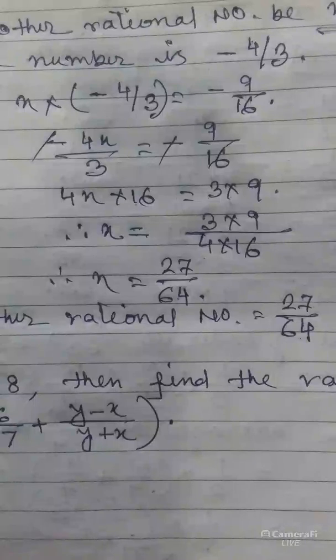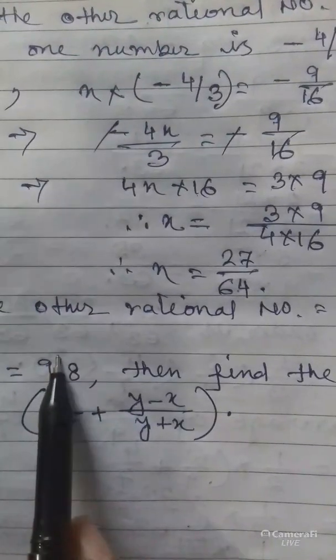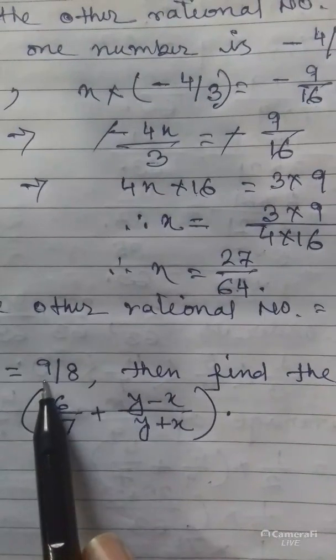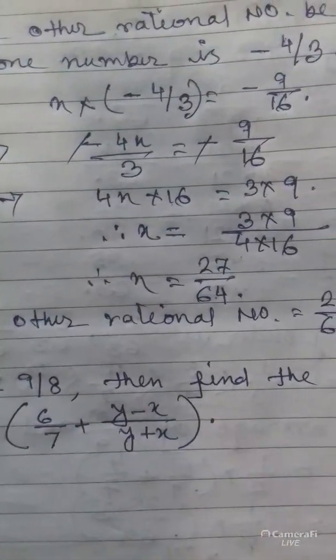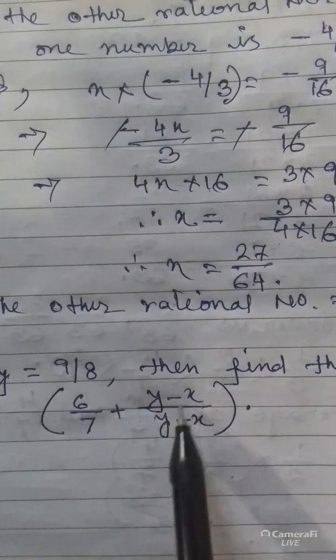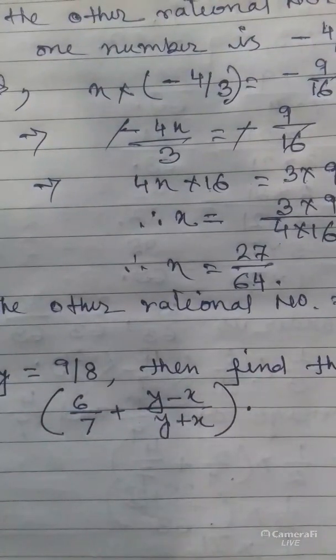Now, next, if x by y equal to 9 by 8, then find the value of (6 by 7) plus (y minus x) by (y plus x).